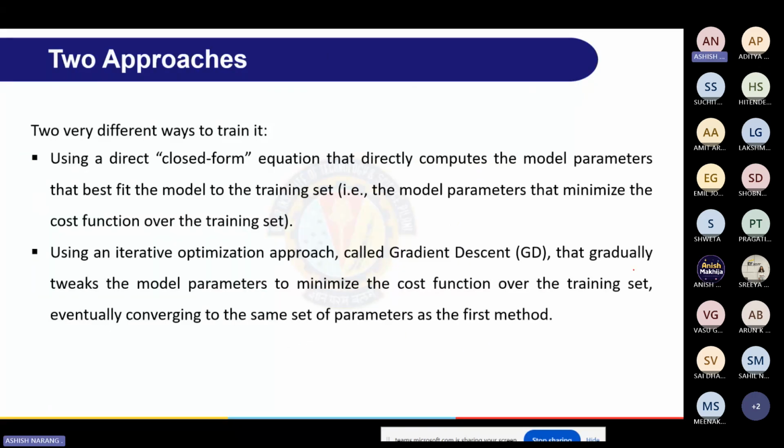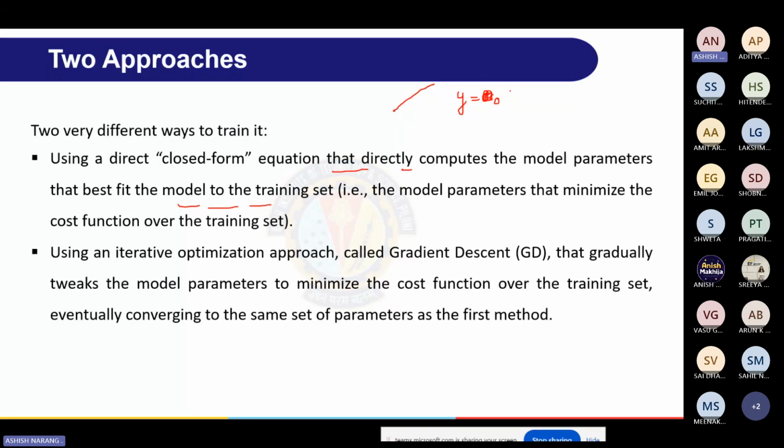Now, in order to figure out the regression, I can use a closed form equation that directly computes the model parameters, right? When I'm fitting a straight line, it is normally theta 0 plus theta 1x.